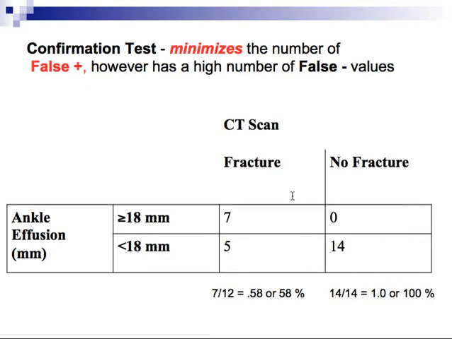And then we can also see here that sensitivity has gotten much lower, or there are a lot more false negative mistakes associated with that. So this is an example of a confirmation test where we minimize the number of false positives. However, the consequence is that we have more false negatives.